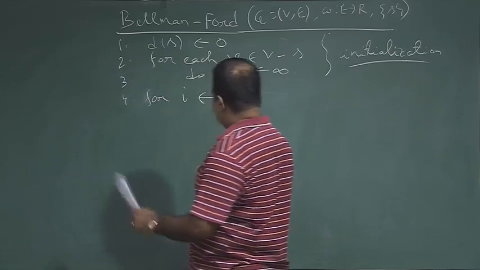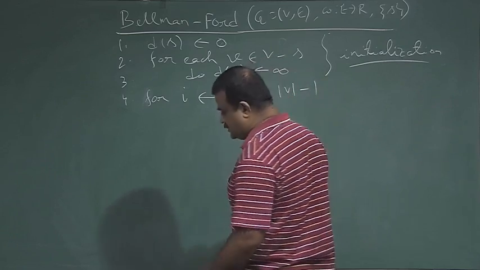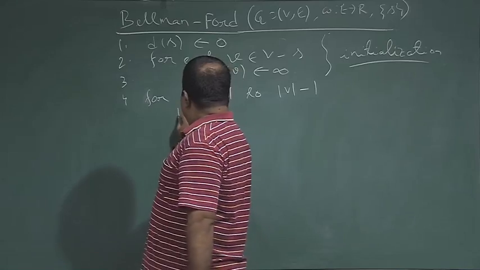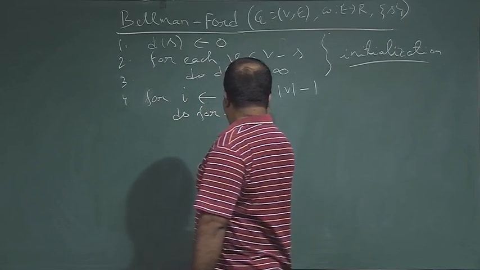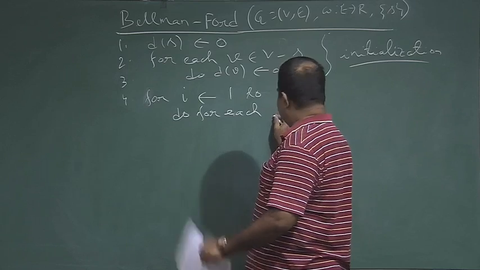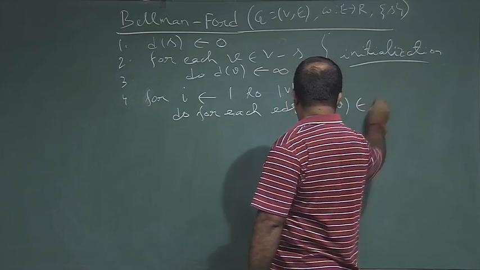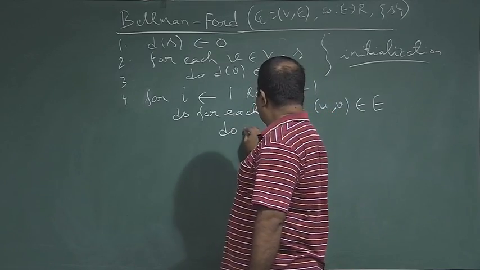We have a loop running V times, and we will see why it is up to V times. Do, for each edge U comma V belonging to E, we check whether we could relax.